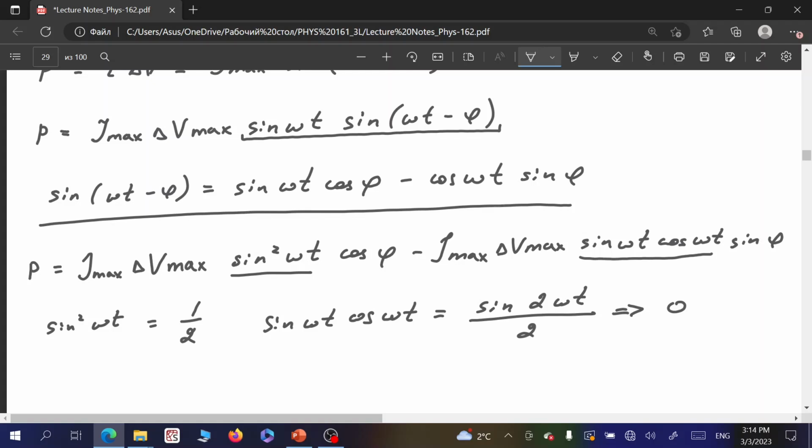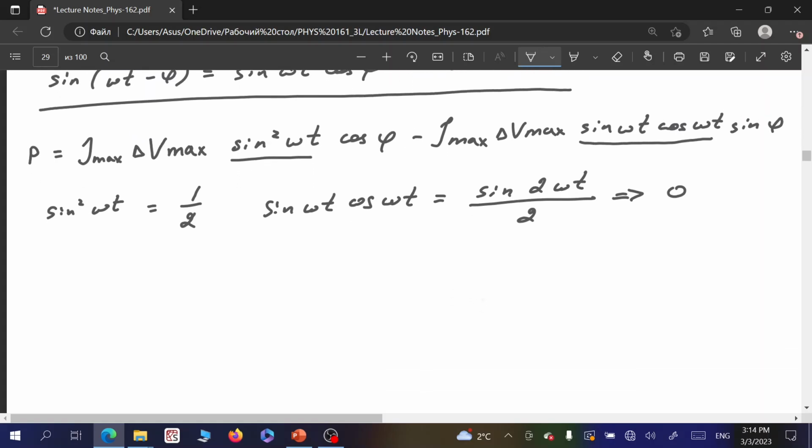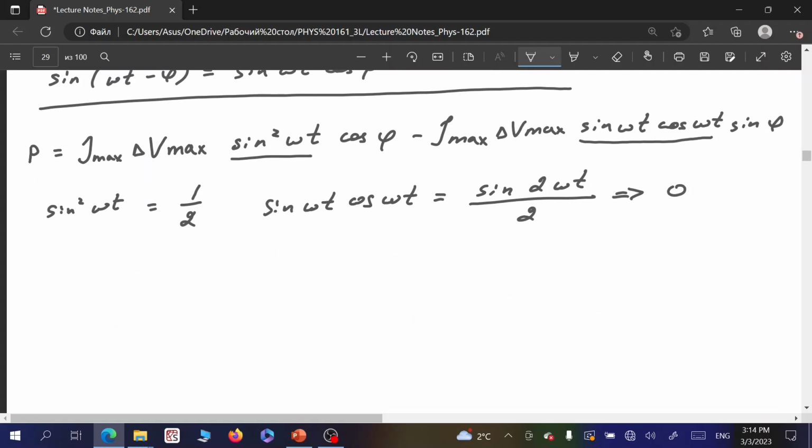So the second term will not contribute to the average value for electric power dissipated in our AC circuit when we average it over one time interval.